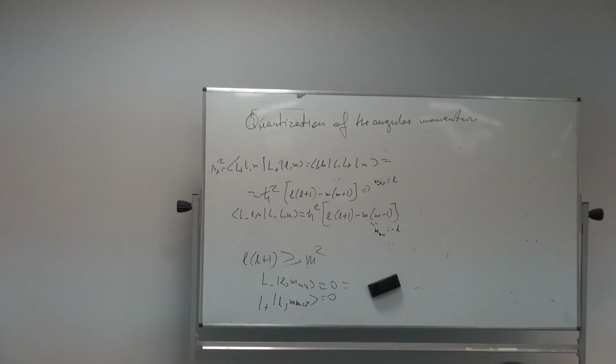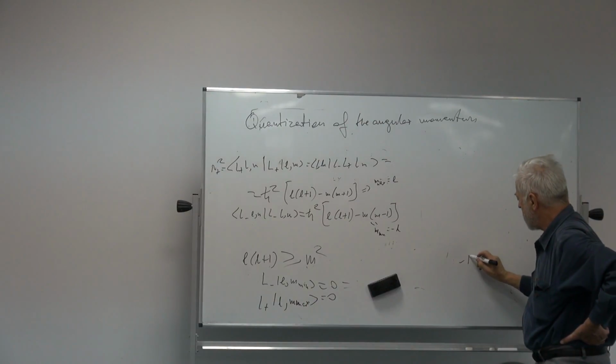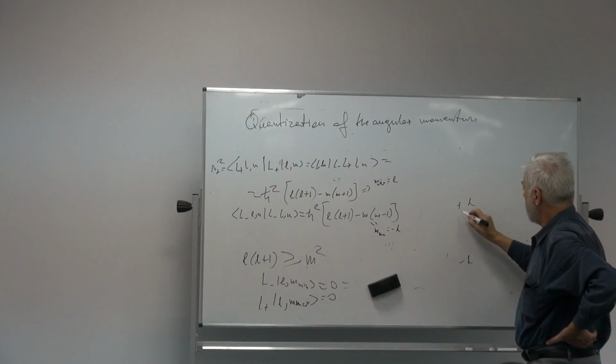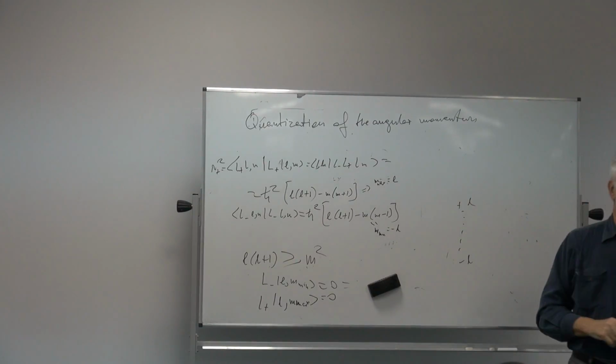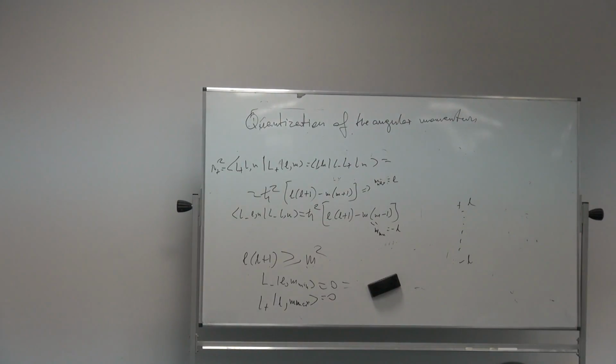I have to get exactly to m max, because there's only one positive m max, which is solving my equation of the vanishing norm. Yes. In other words, from minus L to plus L, there must be an integer number of units.